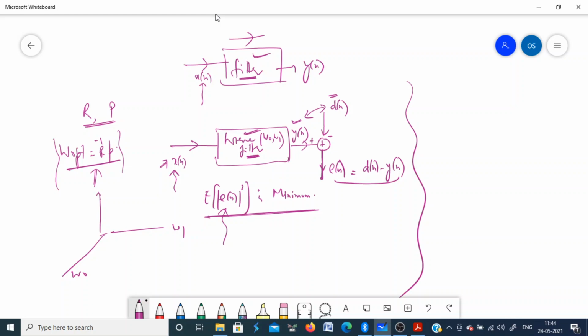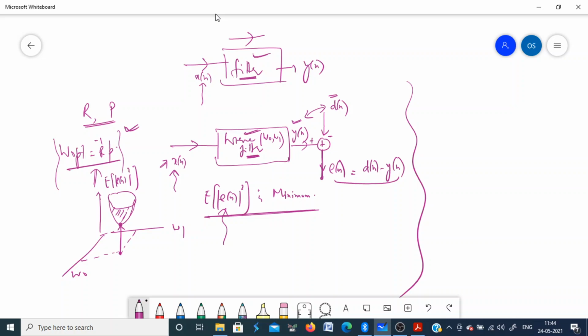If you plot this mean square error as a function of filter coefficients, it will be a two-dimensional bowl-shaped surface with a minimum. This is the point where the mean square error is minimum. This is what is given by the Wiener filter. It will give those values of W0 and W1 where the error is minimum by solution of these equations.